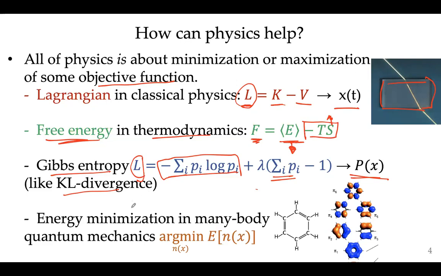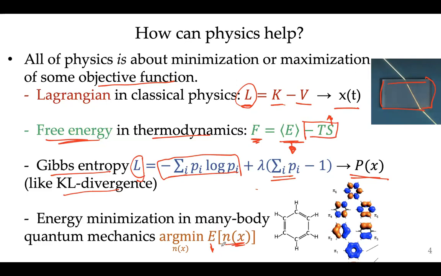Okay, what about quantum mechanics? Same thing. We have energy minimization in many-body quantum mechanics problems. Let's say you have a benzene ring. There are 6 carbon atoms and 6 hydrogen atoms. You want to find the electron distribution on this molecule. Typically you would use some sort of density functional theory, where you try to find the distribution of electrons, or the wave function squared, that would minimize the energy.